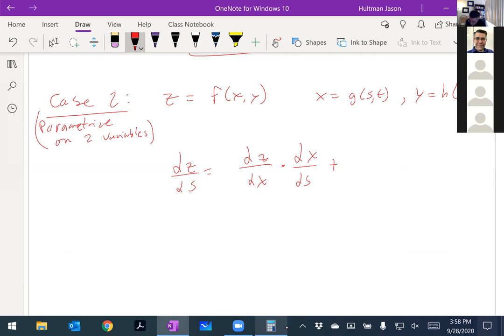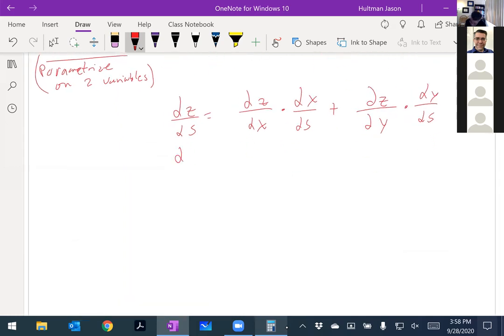So we're just going to break up the y with respect to s now. So this is now going to be the partial of z with respect to y times the partial of y with respect to s.